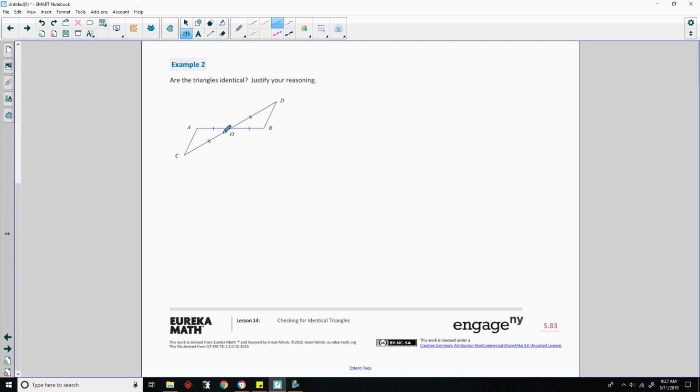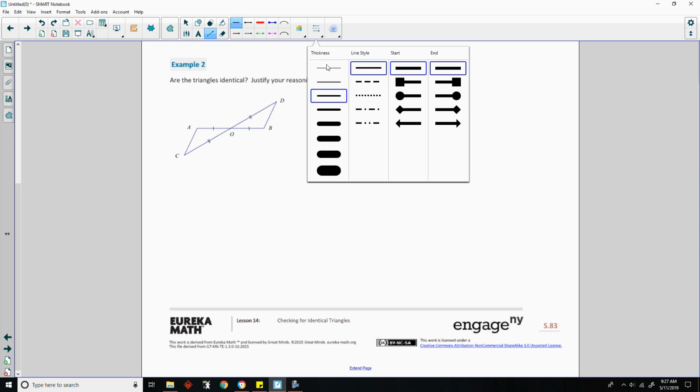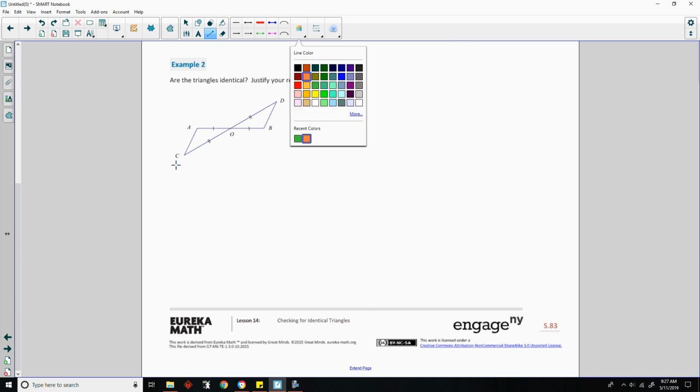Okay, here's example number 2. Now notice these two triangles. Well, I need to explain something about this. So if I draw a line segment, I don't want it too thick. If I drew this right here, okay, that is a straight line.